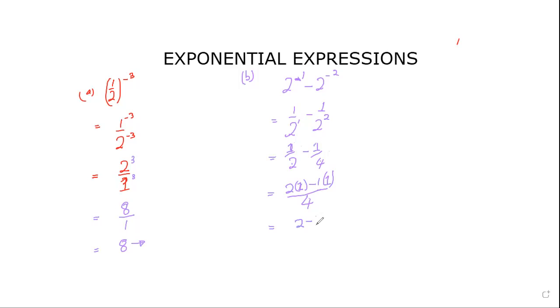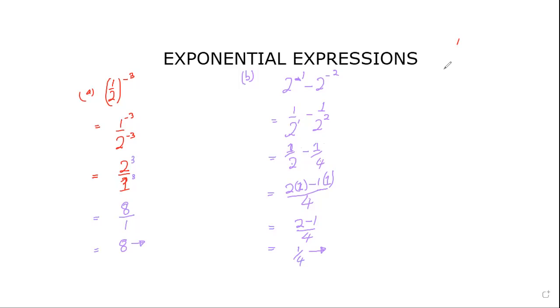That is 2 minus 1 over a 4, 1 over a 4. We expect that, a half minus a quarter, because half has 2 quarters. 2 quarters minus 1 remainder, 1 quarter there.